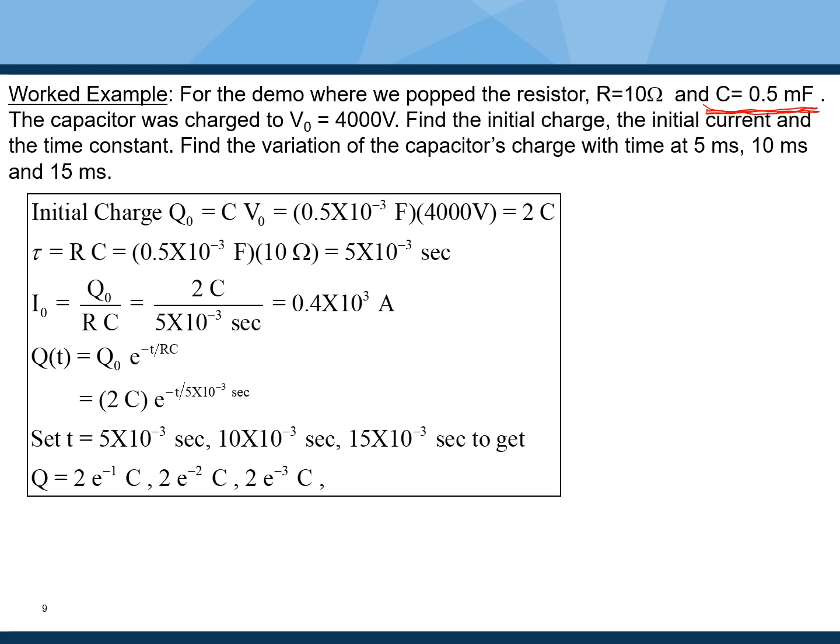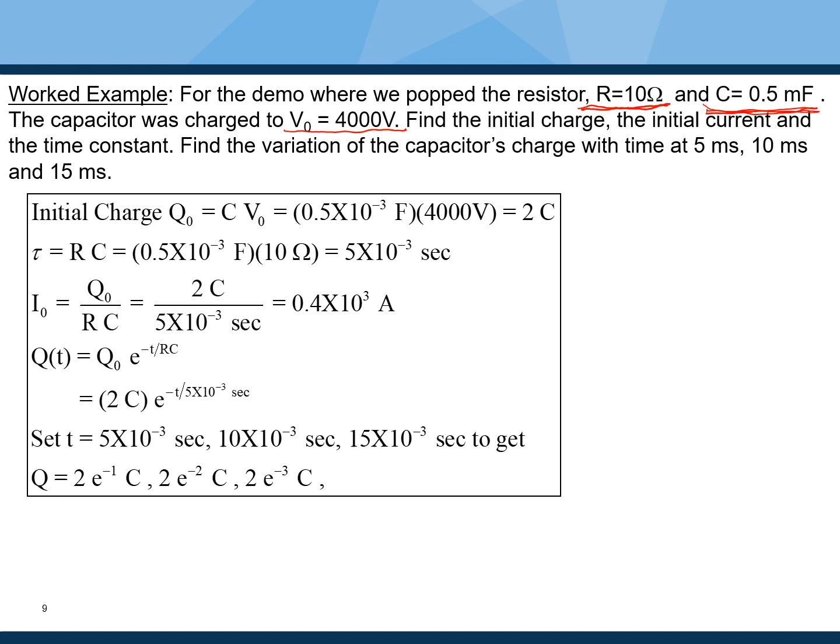And this capacitor was charged up to an initial voltage of 4,000 volts. And then we suddenly, rapidly discharged it through an extremely puny resistor with just 10 ohms. So the resistor was acting like a shunt resistor, and you can see that this resistor was very tiny compared to typical resistors that you might have.